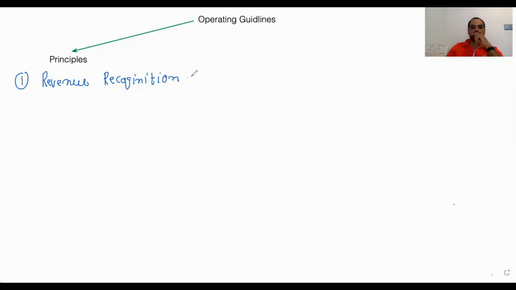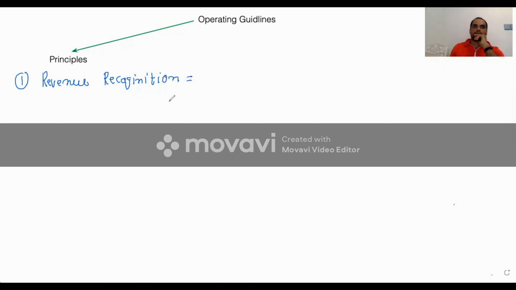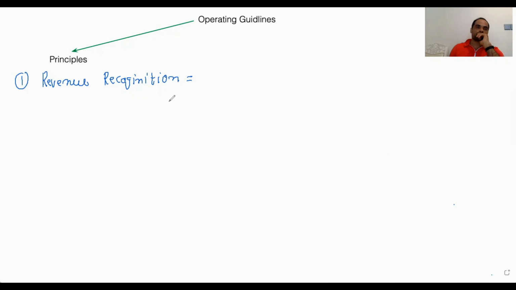Revenue recognition means income will be recognized as revenue at the time of sales.